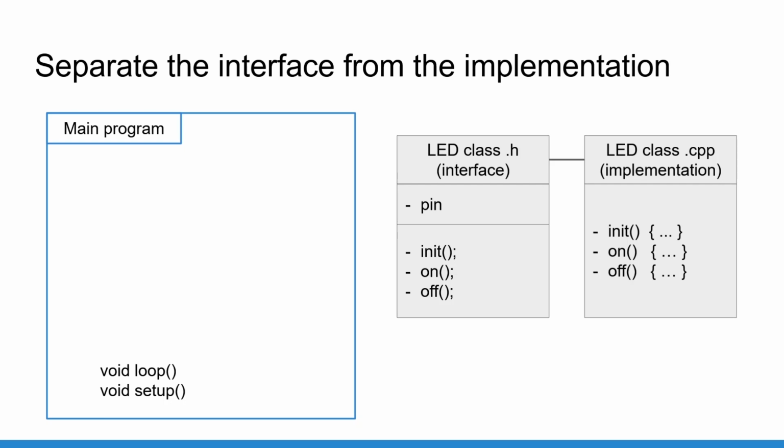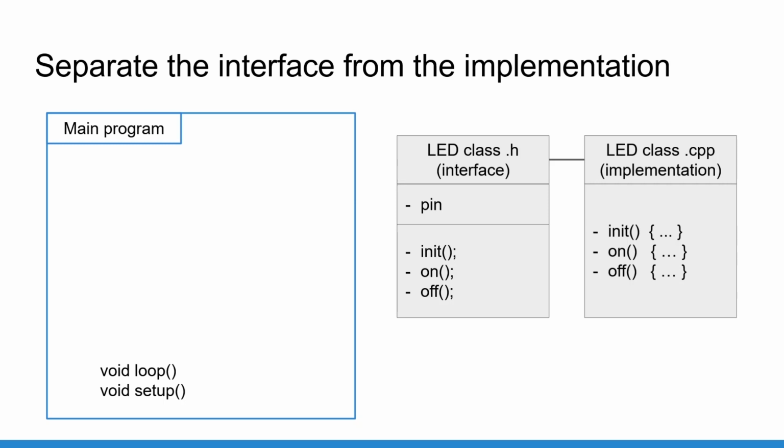This file will implement the code inside the different methods of the class. So you will have the implementation with all the code and the logic, and you will have the interface file, which just contains, well, the interface. It just contains the information you need to be able to use the class.